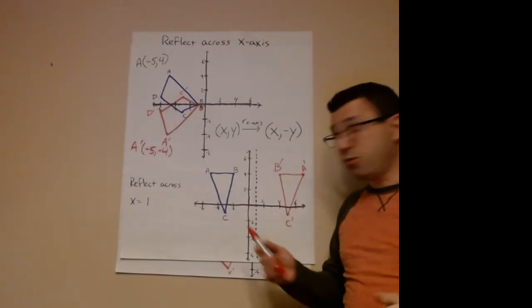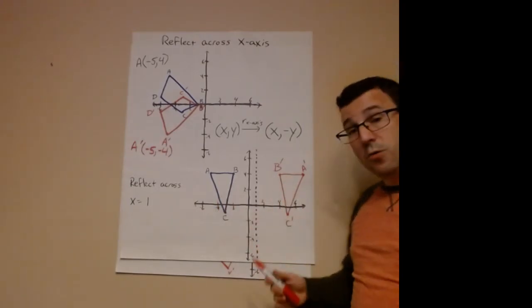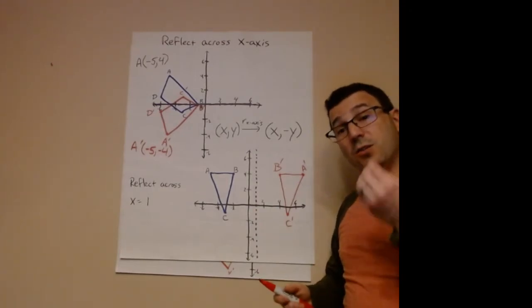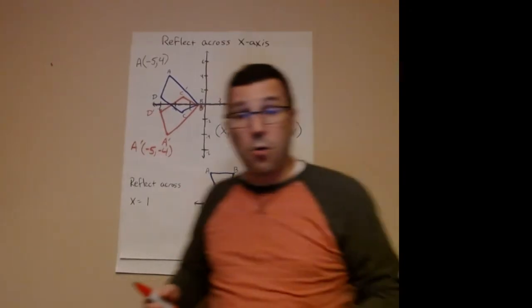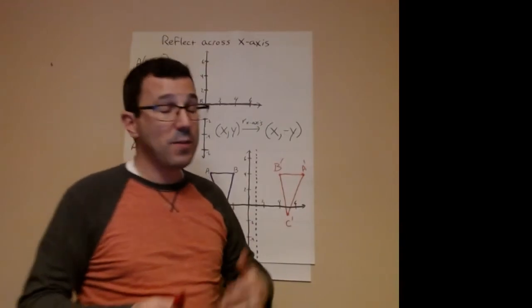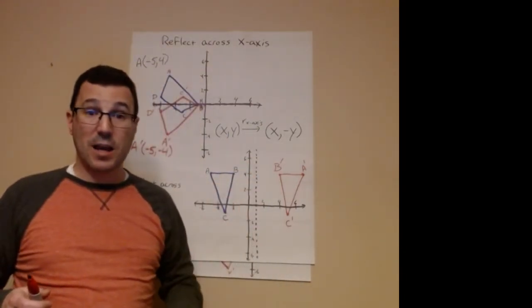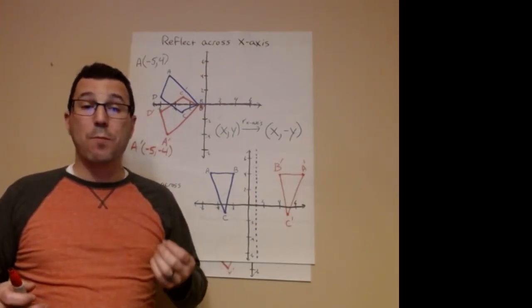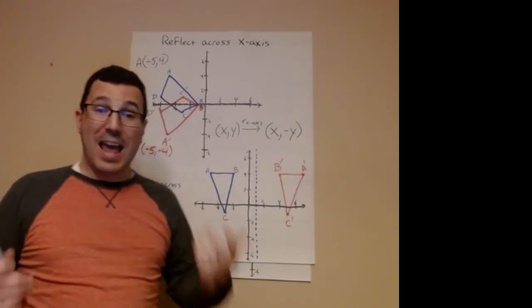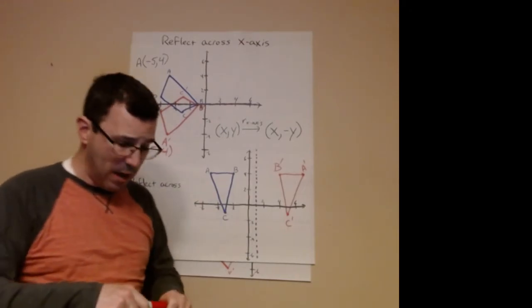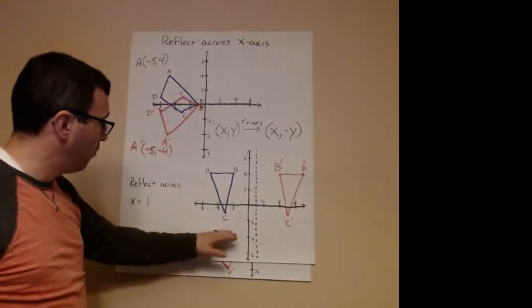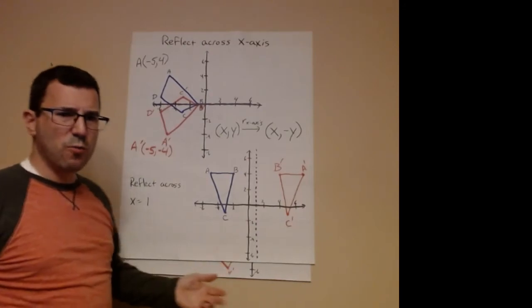And if I had a protractor and measured the angles, those would also stay the same. So when we do a reflection, we preserve the length of the sides and we preserve the angle measures.